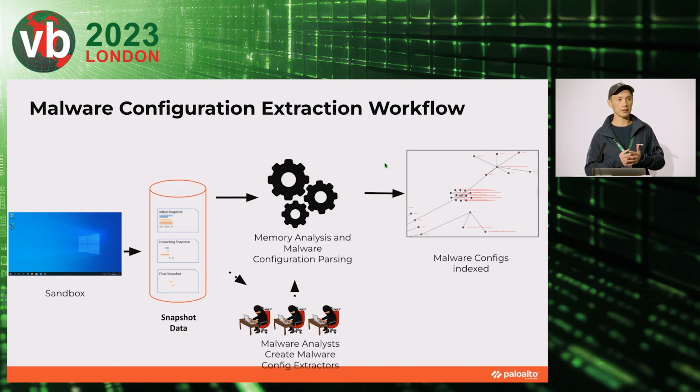We run our malware config extractors against this series of memory snapshots, and then we are able to decrypt and obtain the configurations. Having obtained the configurations, we index them, which helps threat researchers build a picture of the threat actors or malware families they are interested in.